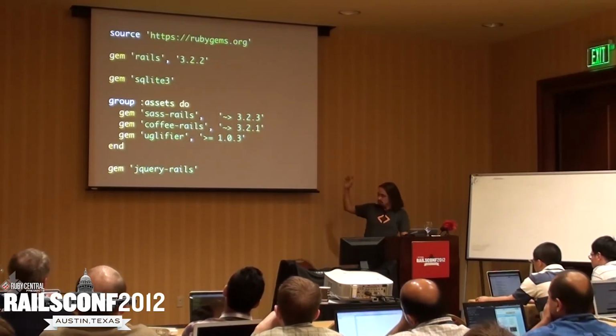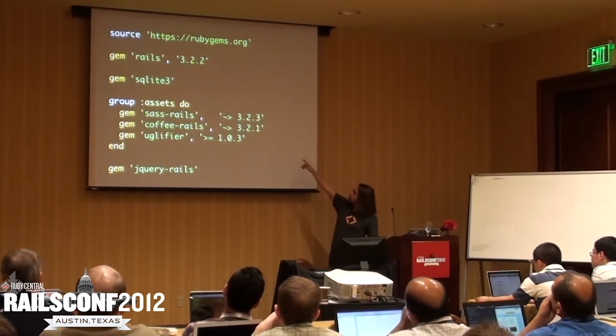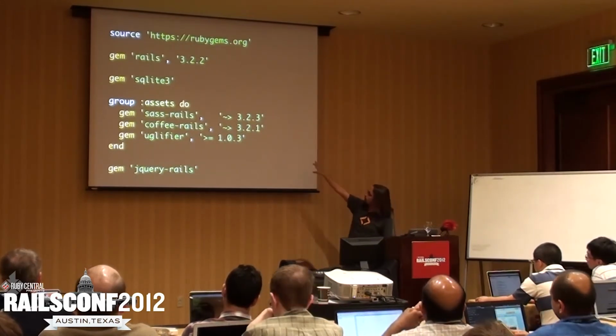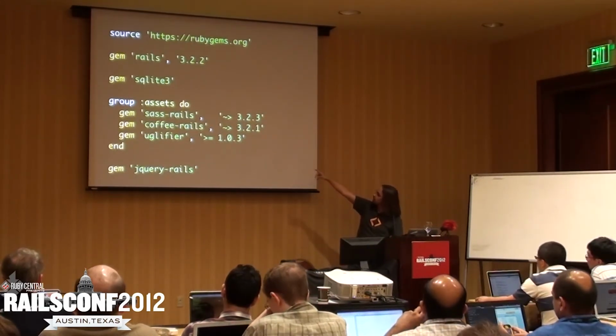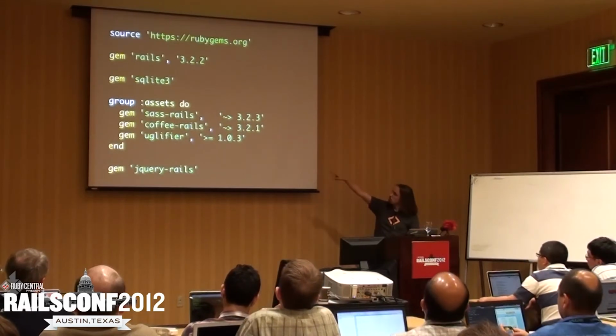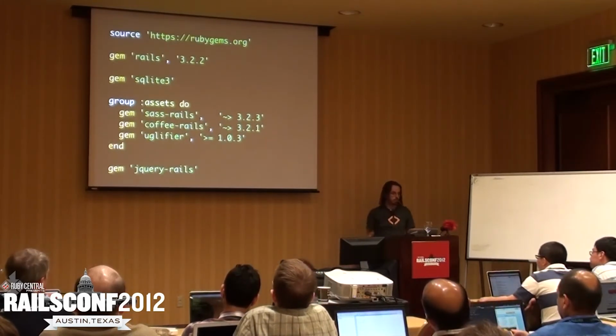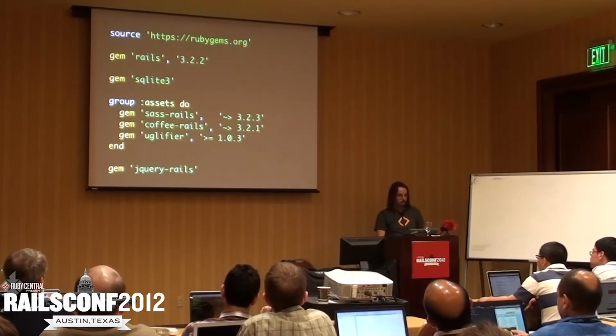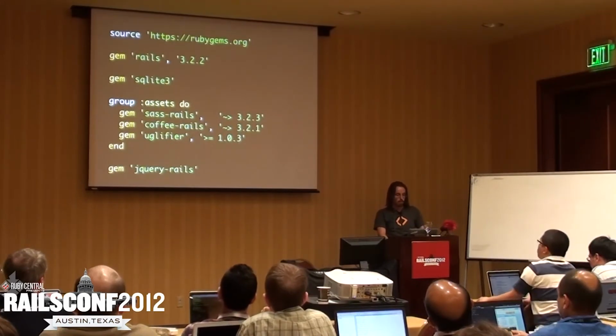So this is specifying what version of Uglifier I want to have, something greater than 1.0.3, and that little squiggly tilde-greater-than over there is something I want to talk about.